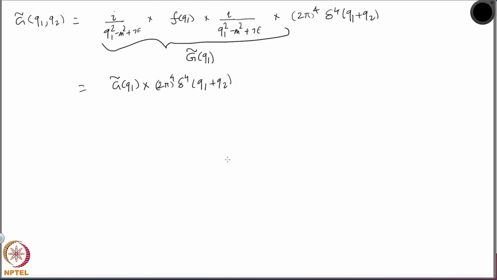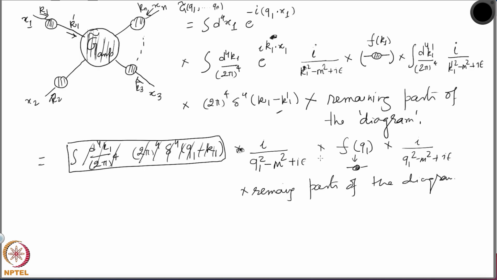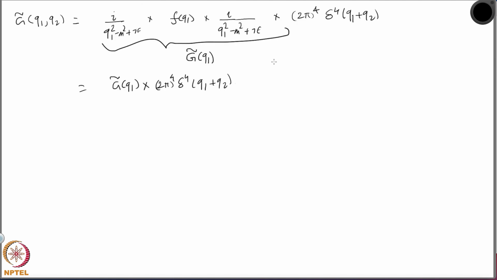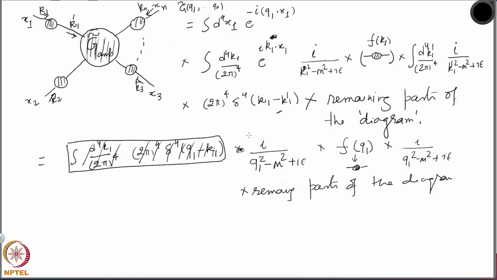And here, if you look at the 2-point function, it has exactly the same form: this propagator with q1 momentum in it, then f of q1 which is exactly the same, then again this propagator, but another factor of 2 pi to the 4 delta 4 of q1 plus q2. So you see that what appears here is g tilde of q1. So I will write this as g tilde of q1 times the remaining part of the diagram.